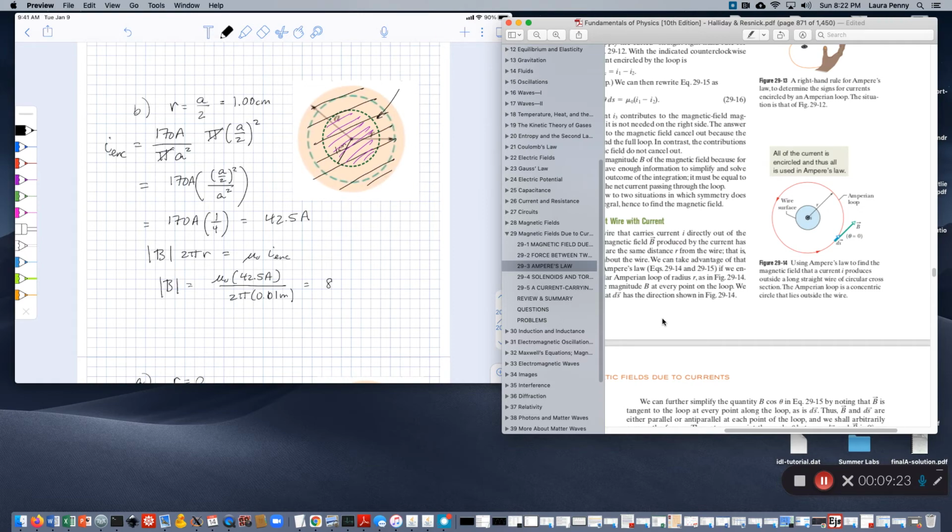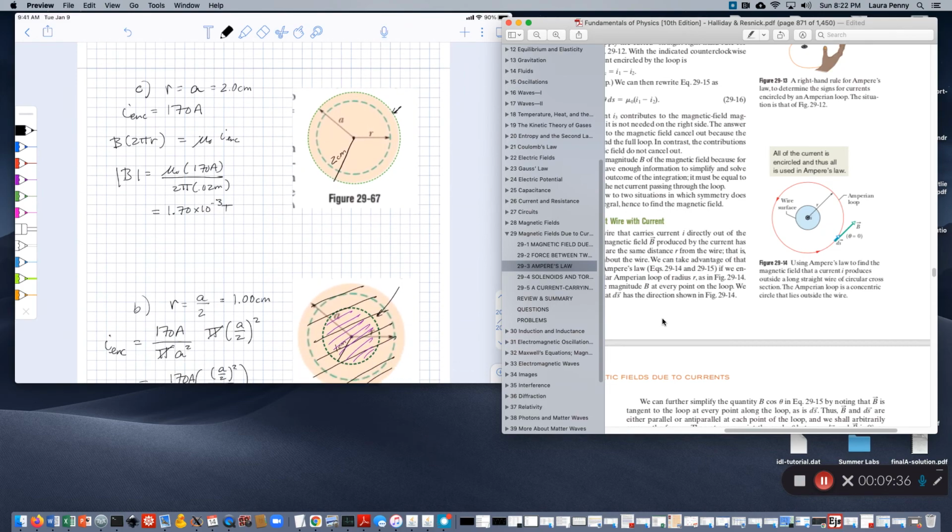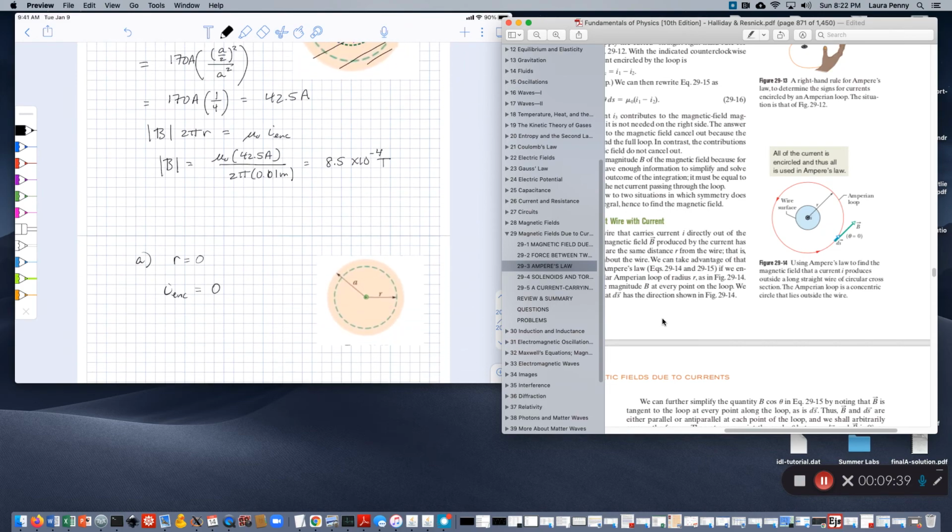So we have a magnetic field strength of 8.5 times 10 to the negative 4 Teslas. Actually, it's very similar to the magnetic field strength that we had out at 4 centimeters.